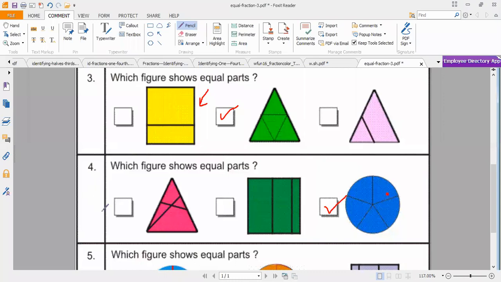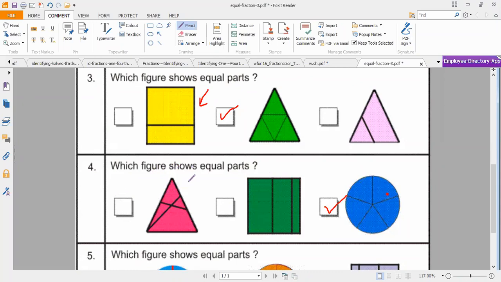Do we have halves here in question 4? Yes. Which one? The triangle.